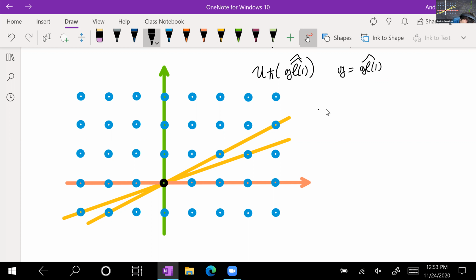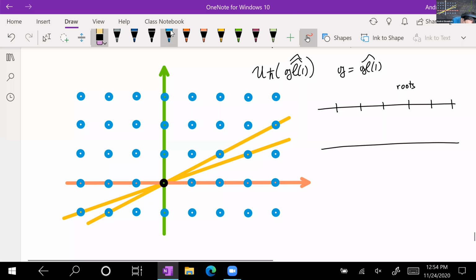Its roots are the integers n, but then the corresponding walls, so this is beta, the set of beta. And if we look at the corresponding hyperplane, we're looking at beta times x plus n is an integer. So beta times x is an integer. These are the hyperplanes.